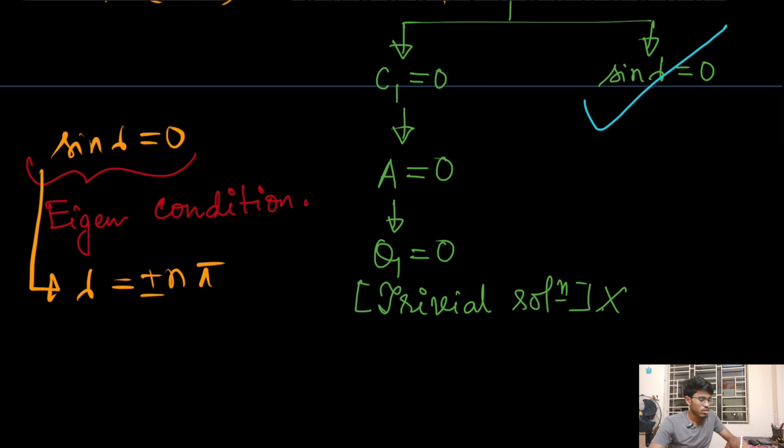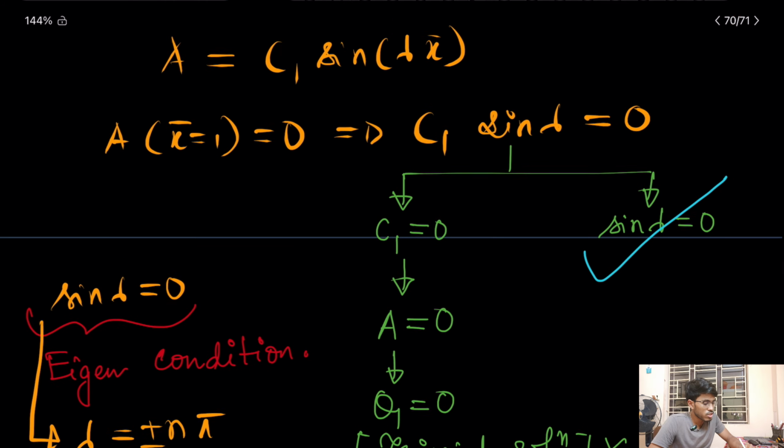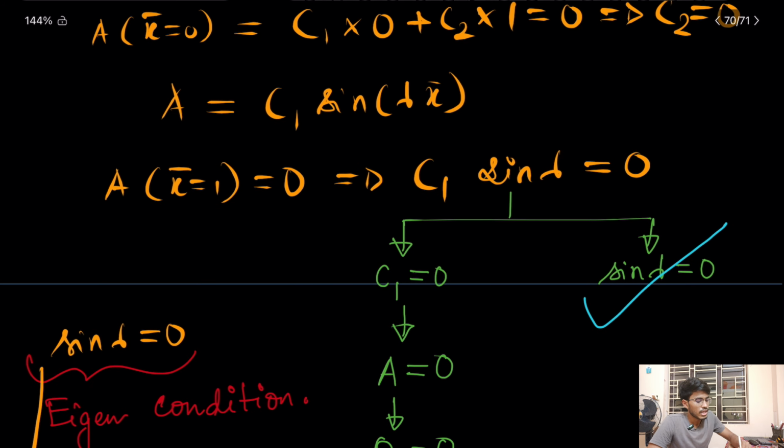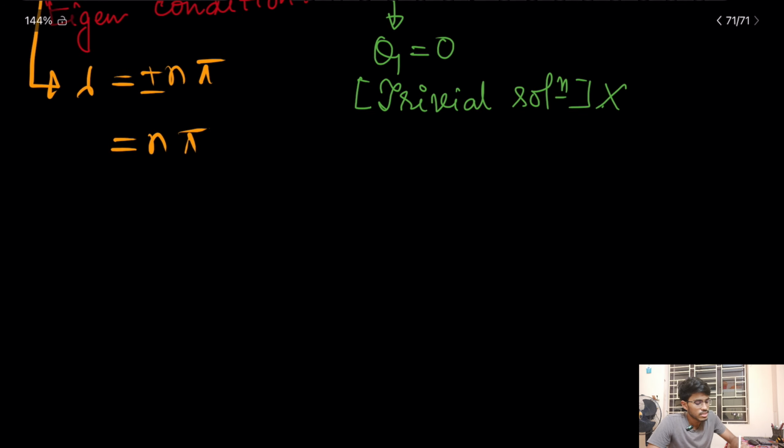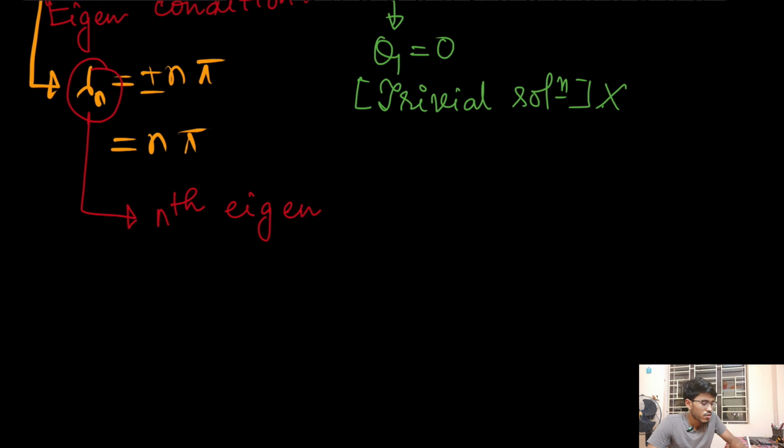So I will take only the plus values, because of the solution here, my A, if I take plus lambda and if I take minus lambda. Firstly, let me tell you, this is my lambda subscript n, the nth eigenfunction. Why am I taking this plus n only and not minus n?